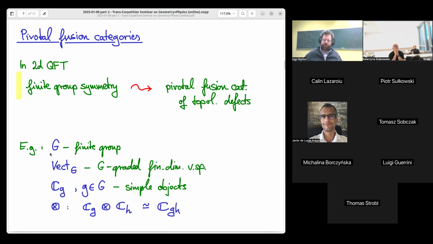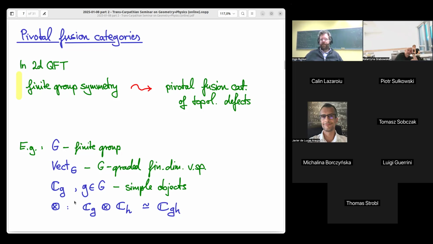So therefore, let G be a finite group. And now I have to take this finite group and produce out of it one of my fusion categories. And the way I do this is I take finite dimensional complex vector spaces which are graded by this group. It's like a direct sum of finite dimensional vector spaces where each summand gets a grade, some group element g.